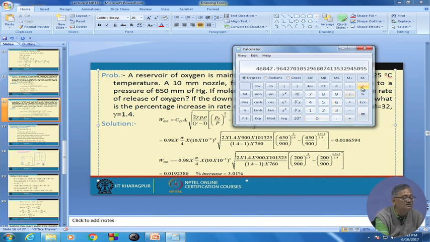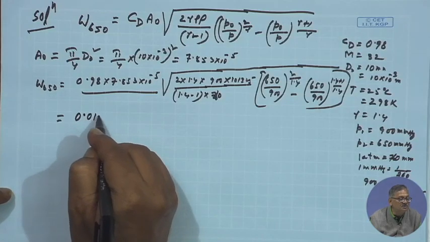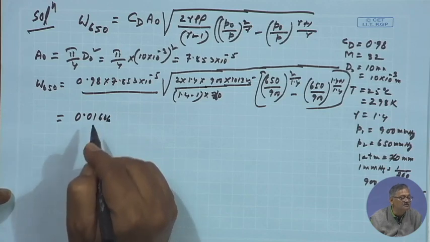This is under root so much into 0.98 into 7.853 into 10 to the power minus 5, is equal to 0.01666, right?